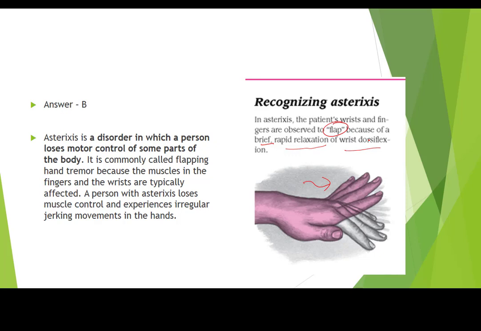It is commonly called a flapping hand tremor because the muscles in the fingers and wrist are typically affected. A person with asterixis loses muscle control and experiences irregular jerking movements in the hands. That is how we recognize asterixis.